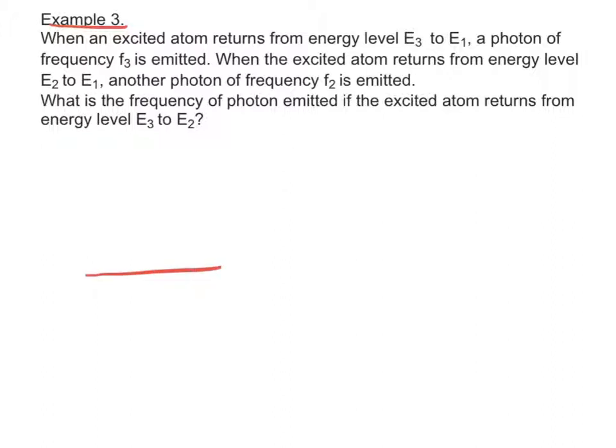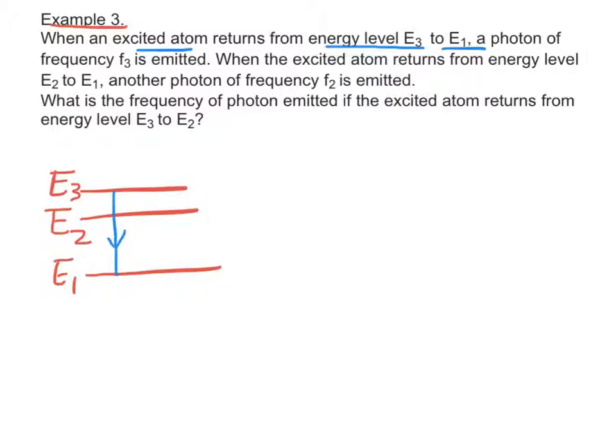Example 3. First, we draw energy levels E1, E2, and E3. When the atom returns from level E3 to E1, the photon emitted has frequency f3.